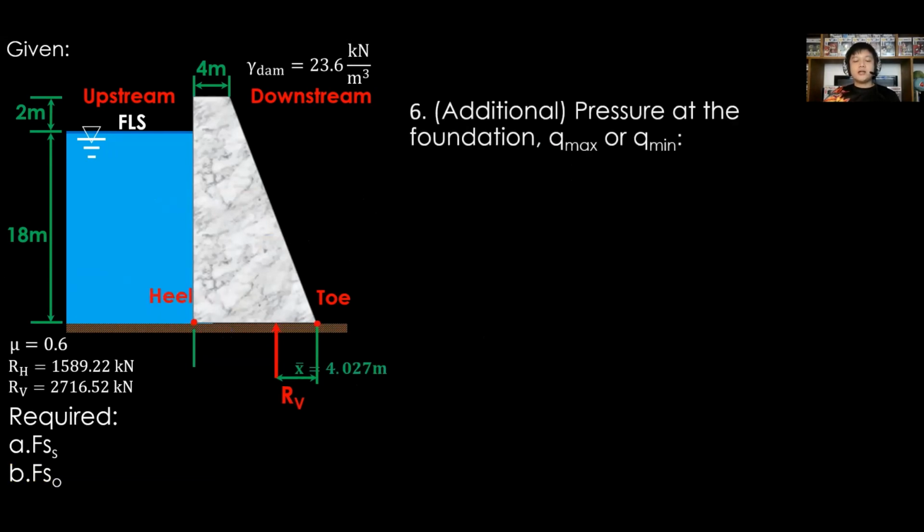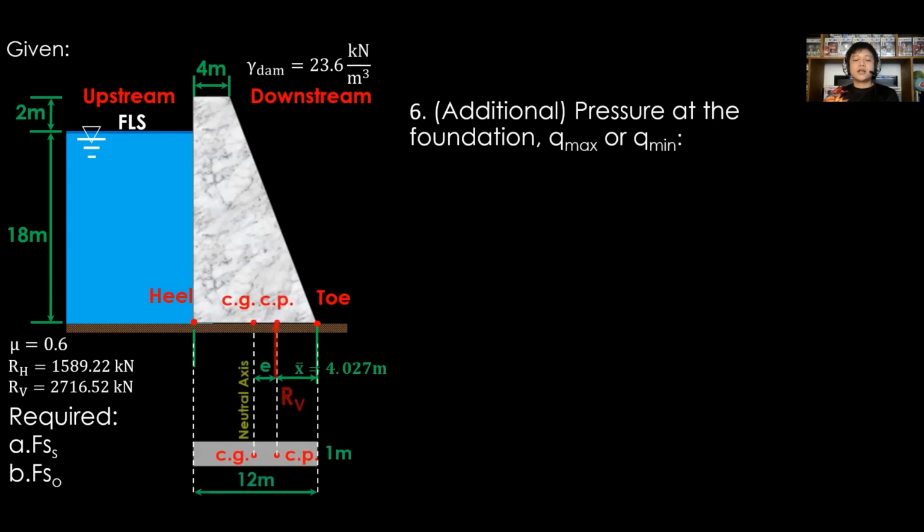For the additional part of the problem, determine as well the design pressure at the base needed for checking the bearing capacity of the soil as well as for the design of the foundation. Consider only the value of the vertical reaction RV.